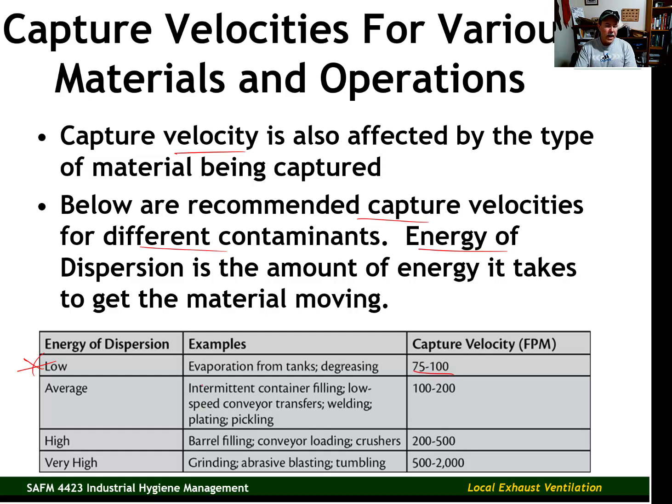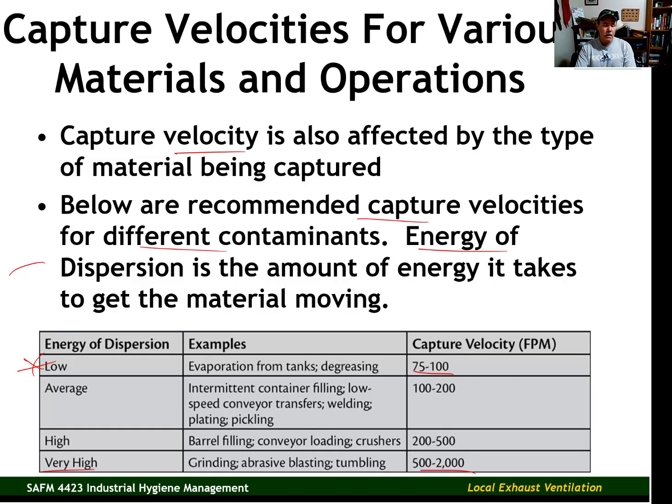If we're dealing with heavier dusts or gravel or grit from a grinding disc that has a higher energy of dispersion, then we're going to need a higher capture velocity to efficiently capture that type of contaminant.